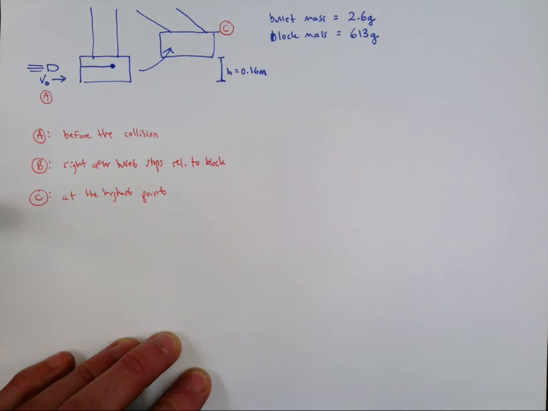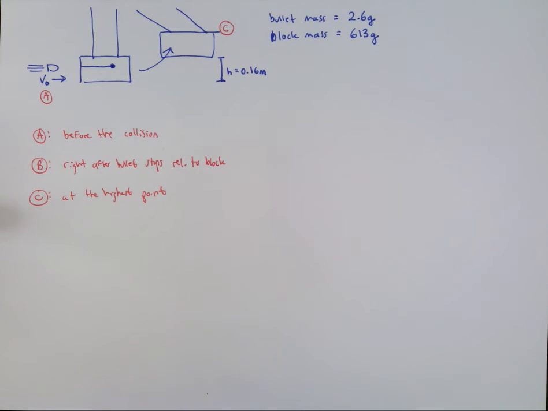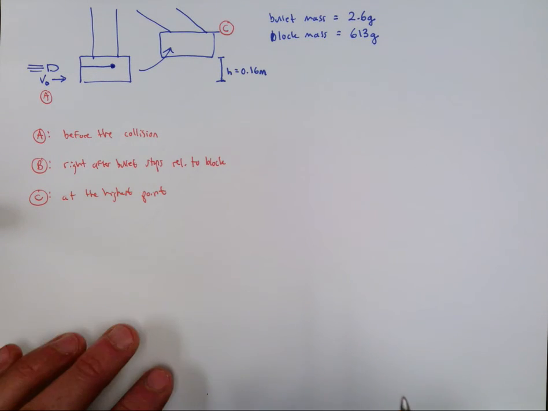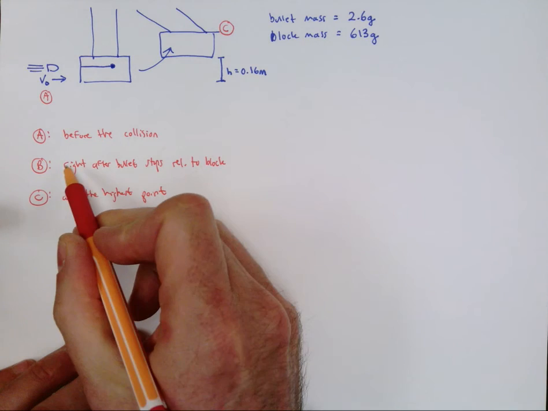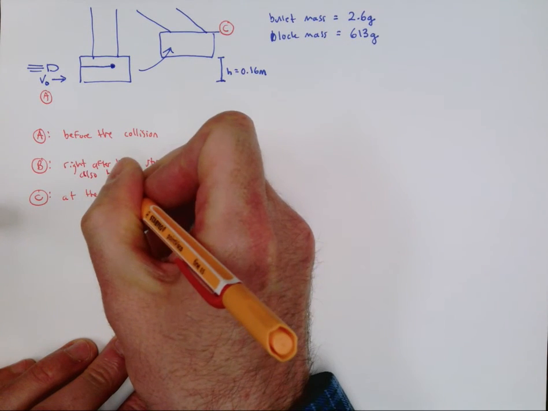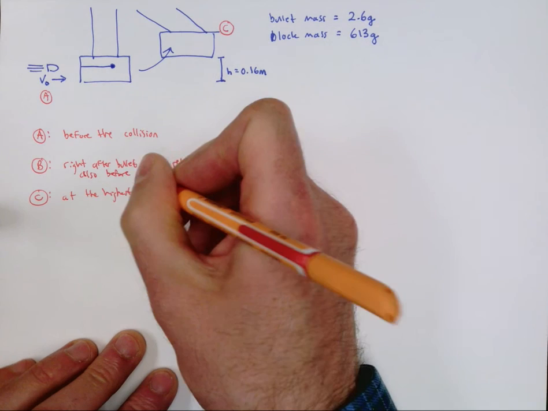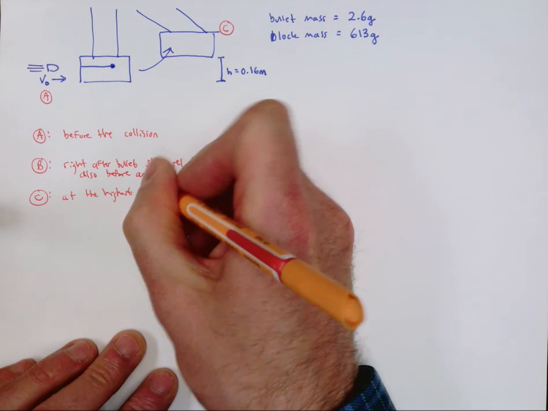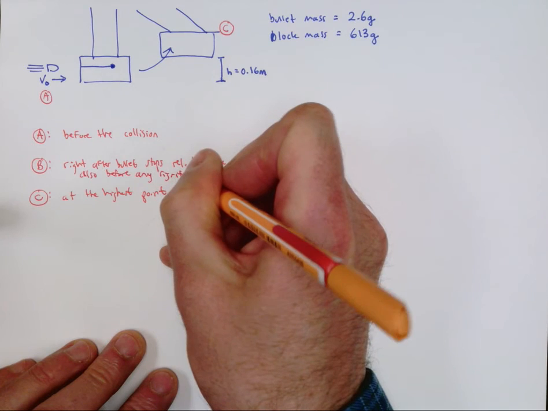And here's the other really important thing. The only way to solve these problems is to assume that this happens so quickly that it's also before any significant upward swing.